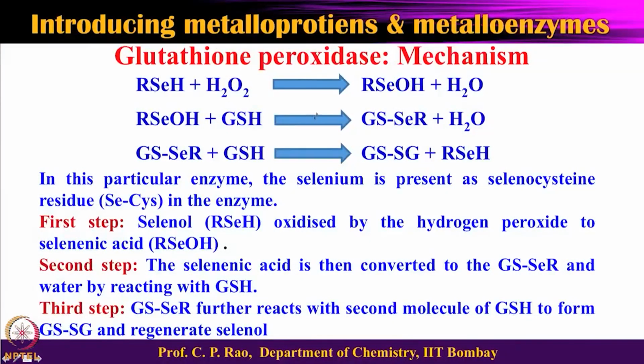So, how does this glutathione peroxidase function? Here you see the selenocysteine we are talking about, and SeH, which can be called a selenol, just like SH is thiol, SeH is selenol. So, this is not a difficult thing to understand.